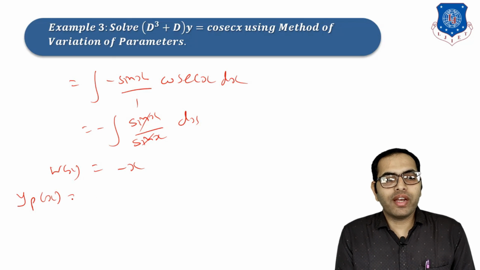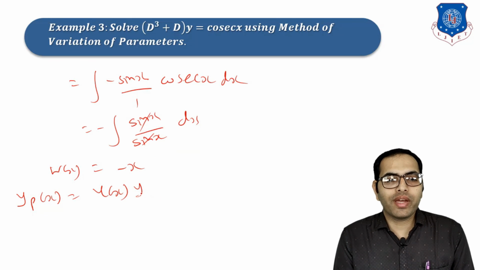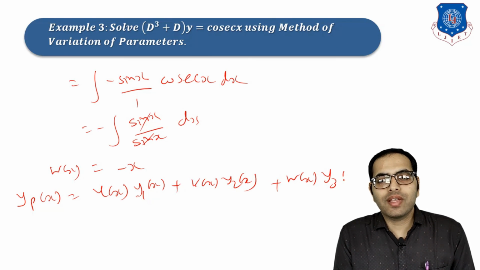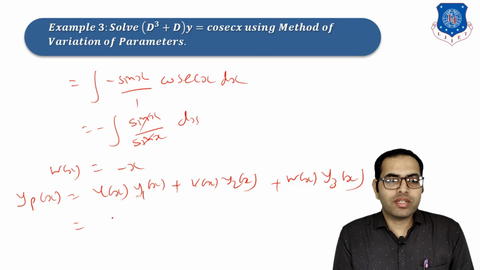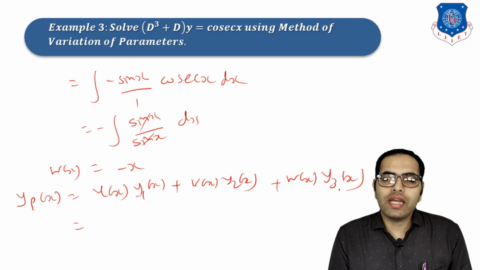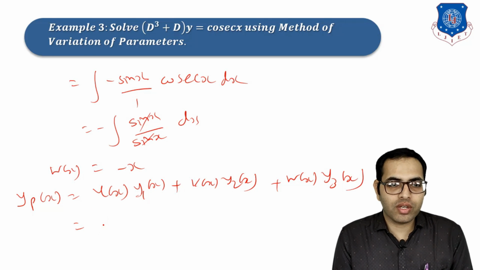Now we find the particular integral which is u of x y1 of x plus v of x y2 of x plus w of x y3 of x, just substituting the values of u of x, y1, v of x, y2 and w of x into y3 of x in this equation.